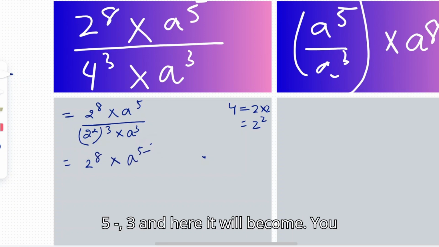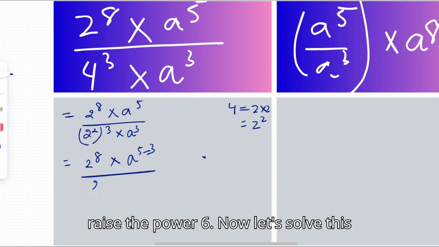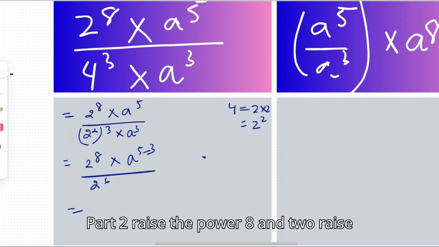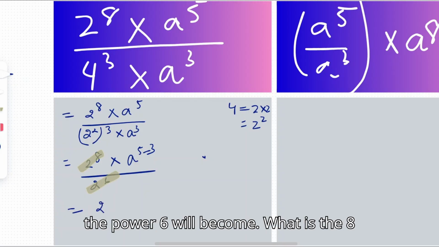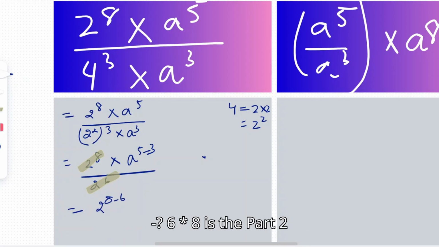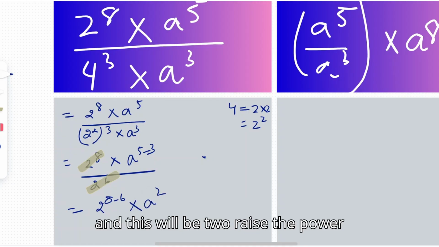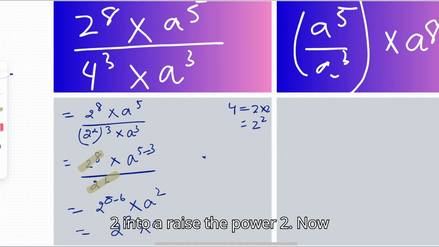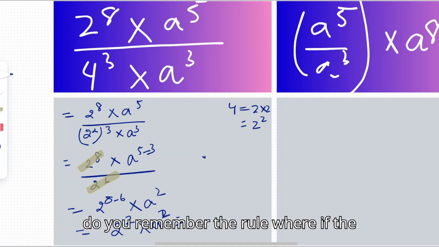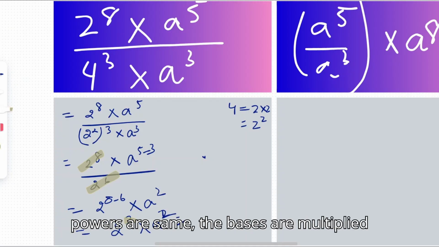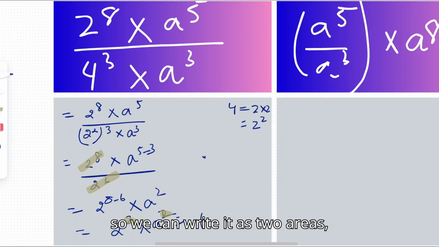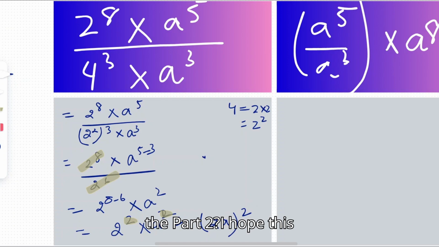So 5 minus 3, and here it will become 2 raised to the power 6. Now let's solve this part. 2 raised to the power 8 and 2 raised to the power 6 will become 2 raised to the power 8 minus 6 times a raised to the power 2, and this will be 2 raised to the power 2 into a raised to the power 2. Now do you remember the rule where if the powers are same, the bases are multiplied? So we can write it as 2a raised to the power 2. I hope this makes sense.